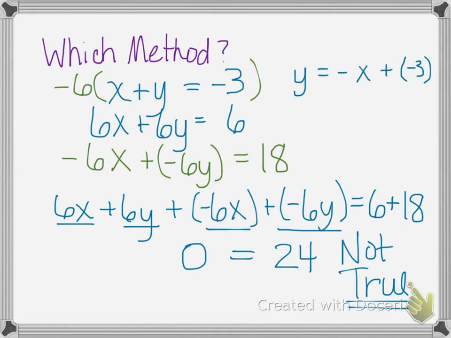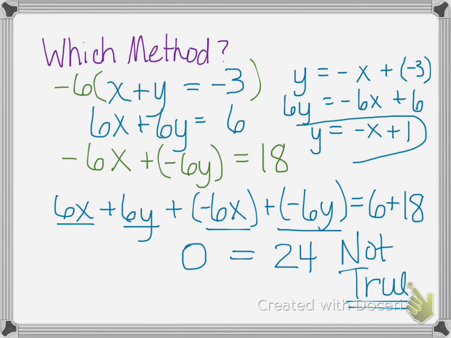For the second one, I'll go through a couple steps here, and I'll get 6y is equal to negative 6x plus 6. And then if I divide everything through by 6, I get y is equal to negative x plus 1.